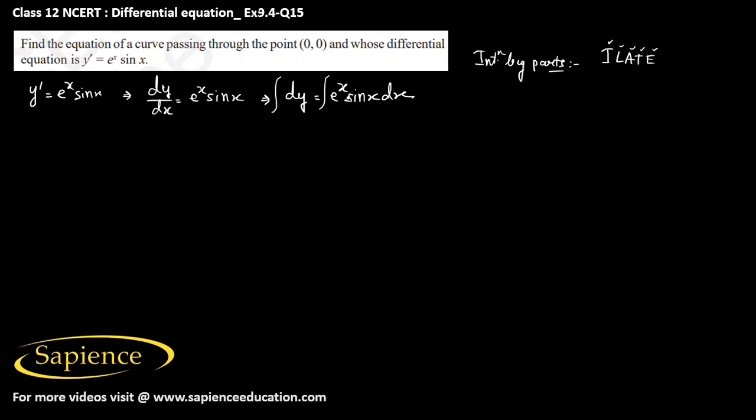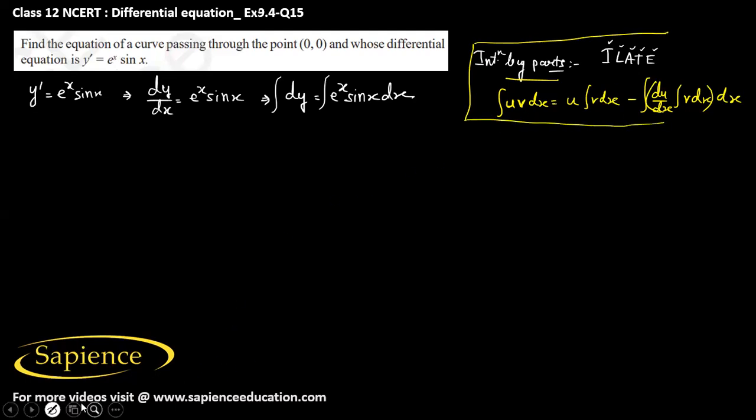So exponential I should take as the second function. We know that in integration by parts, if we have integral u v dx, where u is the first function and v is the second function, then we do u integral v dx minus integral of du by dx times integral v dx, then the whole of that integral dx. This is the formula for integration by parts.